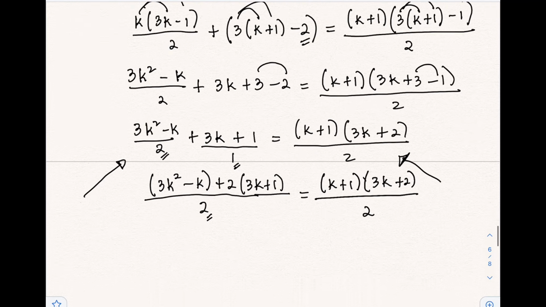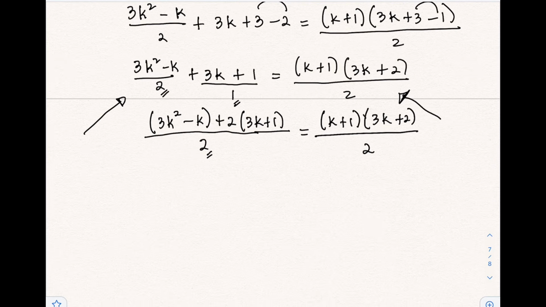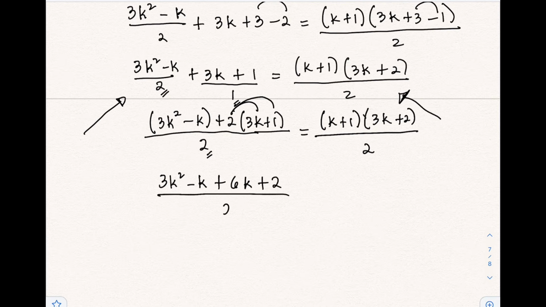Okay, so simplify natin. So, we have 3k square minus k. So, distribute natin to guys. So, that is 6k plus 2 times 1, this is 2 all over 2. Then, dito naman sa right side, mag-FOIL method tayo. So, k times 3k, this is 3k square. Next, outer. So, k times 2, we have 2k. So, sa inner natin, we have 1 times 3k, this is 3k.